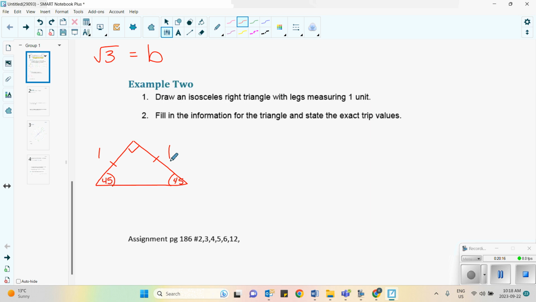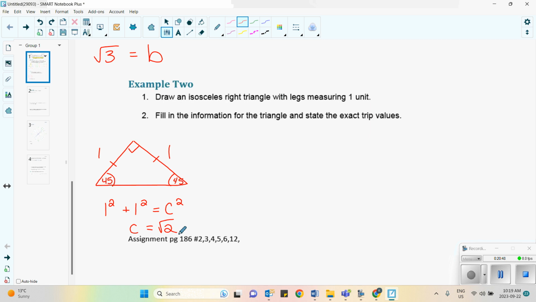So we're going to have 1 squared plus 1 squared equals c squared. Square root of 2, thanks. So c is equal to the root of 2. Everybody good with that?